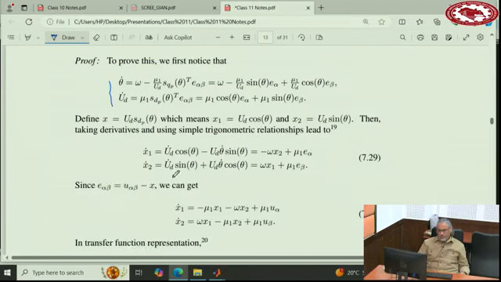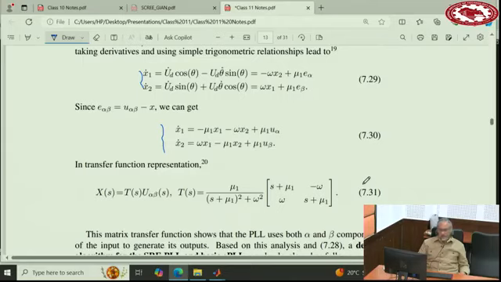You derive the equations and then you make a change of coordinates and eventually you prove that your equations become linear time invariant. And then when they become linear time invariant, you can derive a transfer function for the phase lock loop. Well, this transfer function was never derived before because, remember, it's not based on small signal or anything. We did not do any small signal.